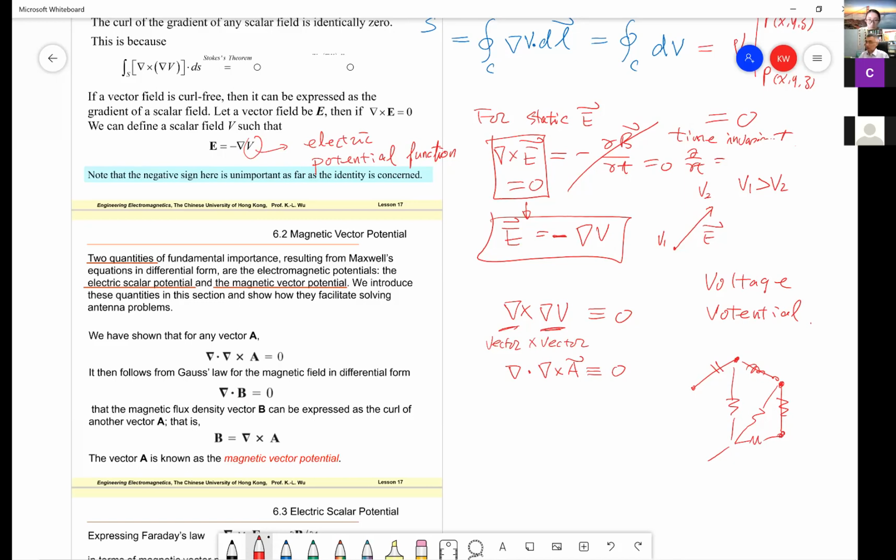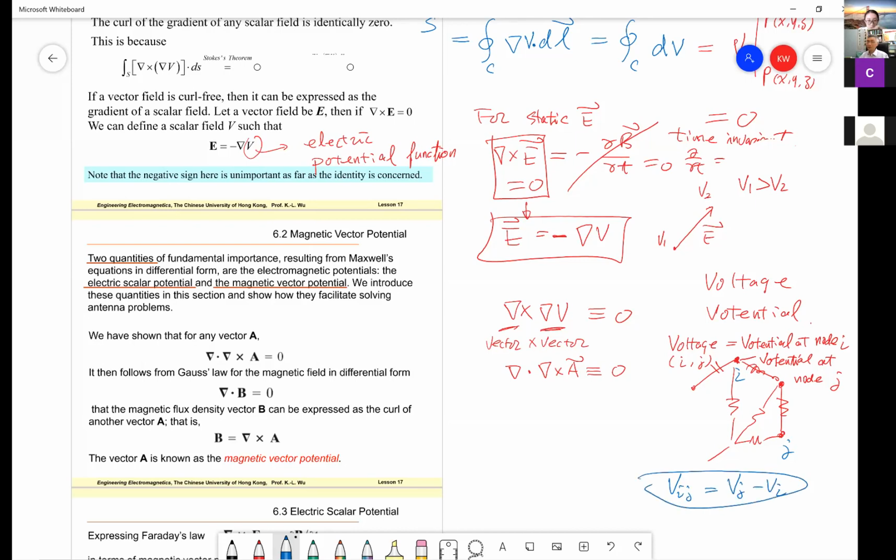Then what does voltage mean? Voltage is the potential at node I minus the potential at node G. So if I like to find the voltage between, say, this is I and this is G, VIG equals VG minus VI.